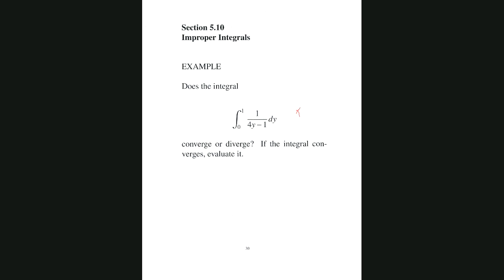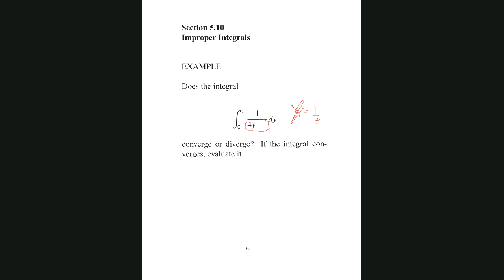Oh, you're right, when y equals a fourth, this is an integral with respect to y. At y equals a fourth, the denominator equals 0. And y equals 1/4 is between the limits of 0 and 1.